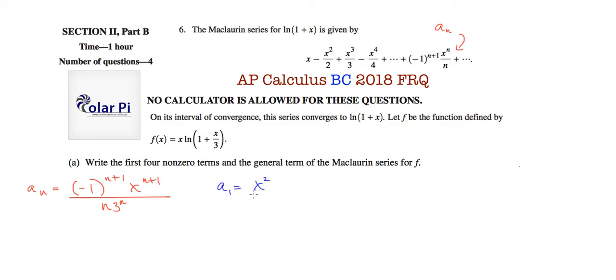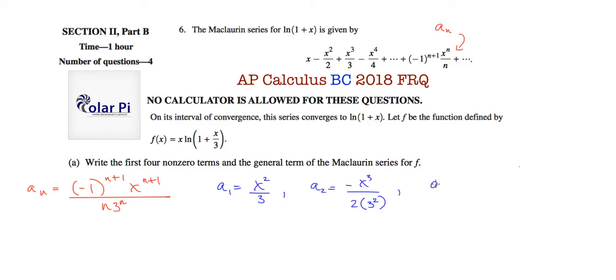Then a2 will be n equals 2, so that's negative 1 to the third, which is negative 1, and then x to the third, so negative x cubed, over 2 times 3 squared. So negative x cubed divided by 2 times 3 squared. And yes, we can write this as 18, but we're not going to.